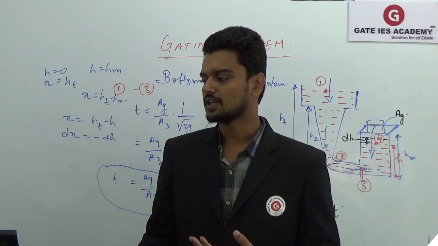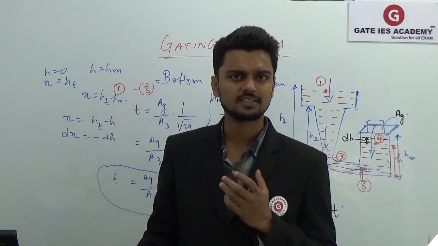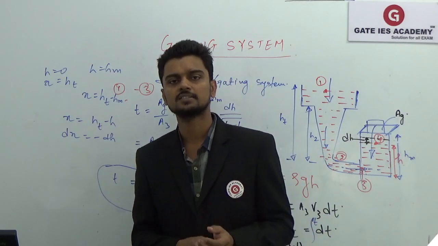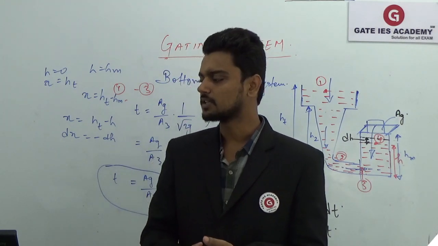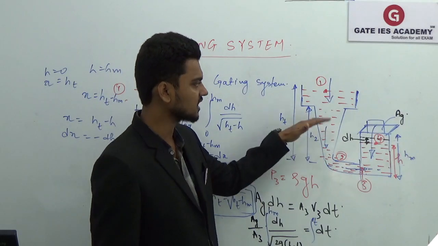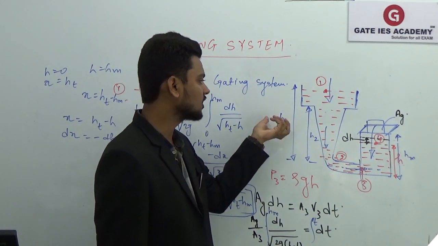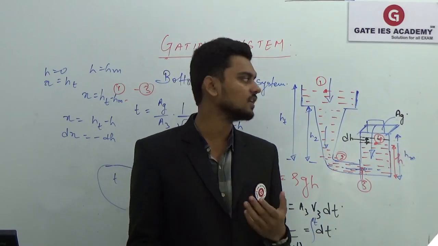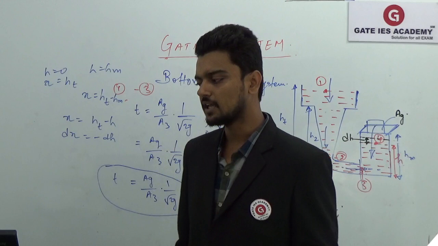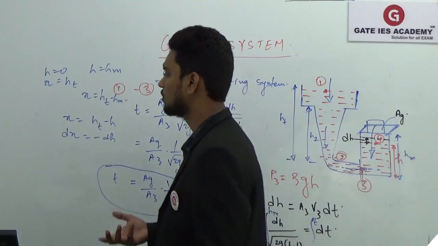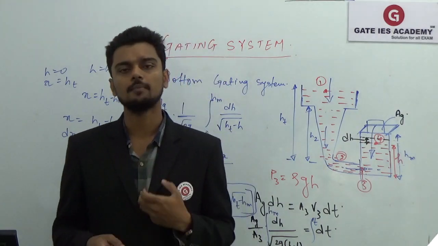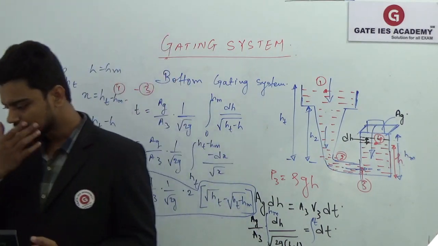From casting, either you will get a question on shrinkages, where they will ask you to find out the volume and size after that shrinkages, or they will tell you to find out the velocity at the exit of the sprue at any section. They will give you the height of the sprue or height of the molten metal in the pouring basin, or they will tell you to find out the pouring time in top gating system and in bottom gating system. So these are the formulas and the derivation which you can apply to find out the pouring time and velocity in your gating system.